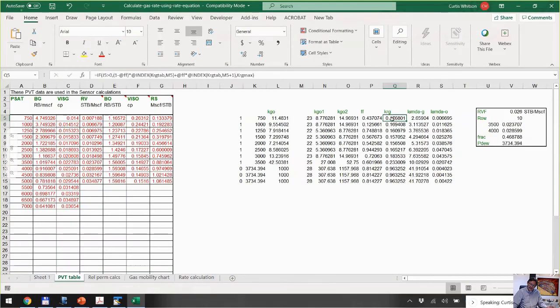This one here is basically just using interpolation. And you get the KRG, and the KRO is just simply KRG divided by the ratio that's used in the mobility. You can see here, KRG divided by KGKO, mu OBO, RS. So that's the second part of the lambda term.